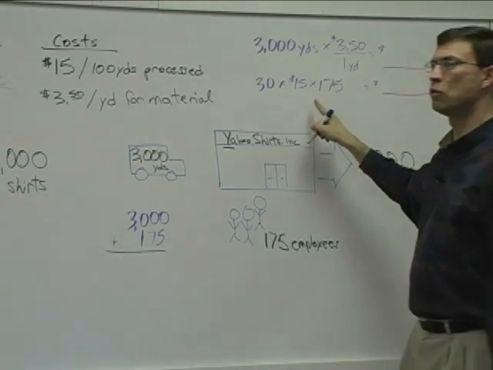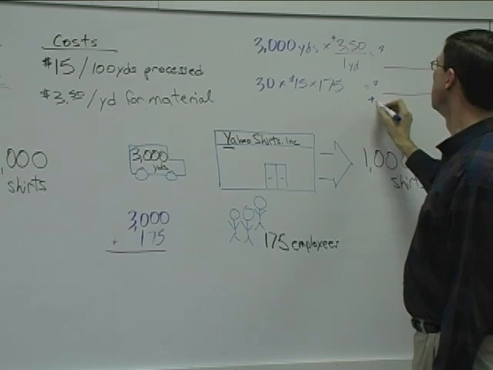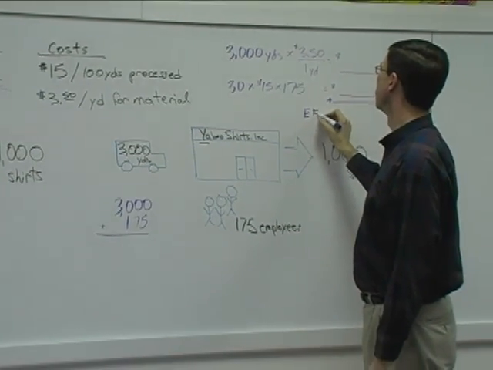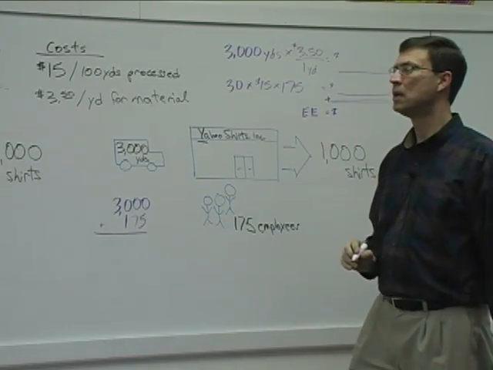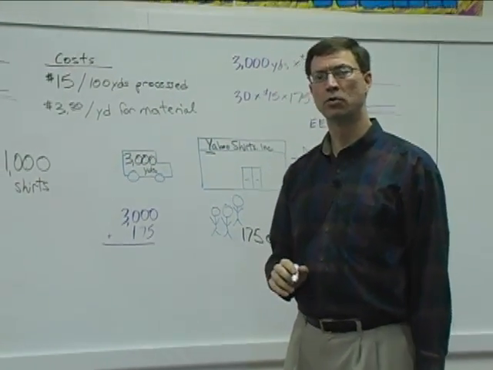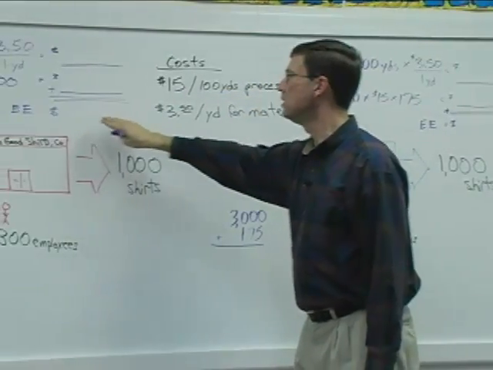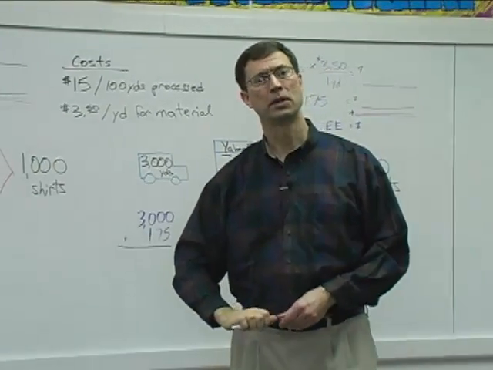And that's going to be our total cost for processing the material. And then when you add those, you'll get the grand total, which is the economic efficiency. So do the math. Get your own calculator out, calculate those numbers, and then these numbers right here go in your PACE for that particular problem.